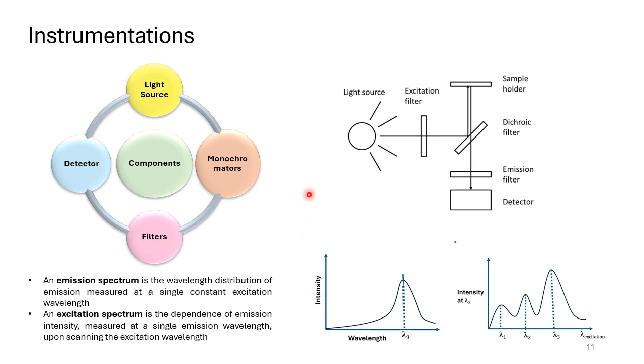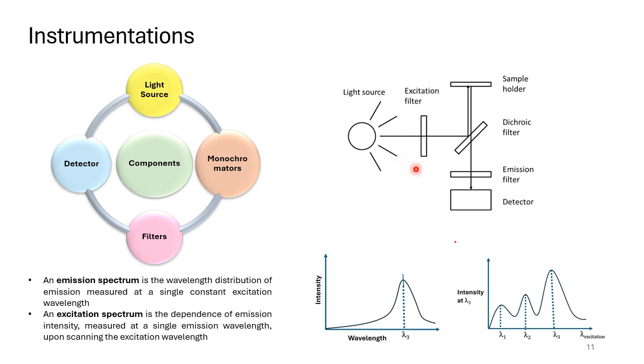Now a basic instrumentation of fluorescence spectroscopy contains a light source and an excitation filter. What is this excitation filter doing? It transmits the light source in a specific wavelength, so it filters out only a specific wavelength of light.